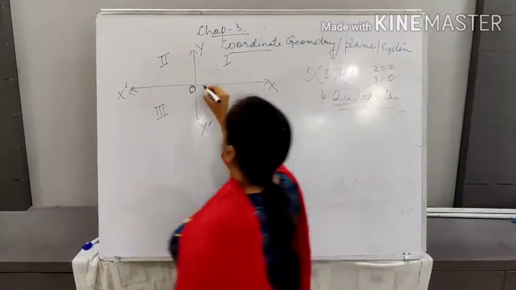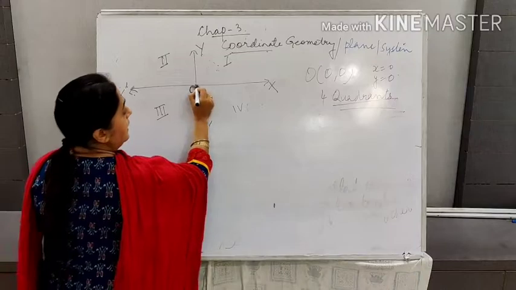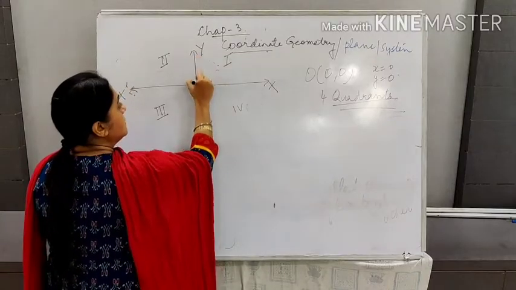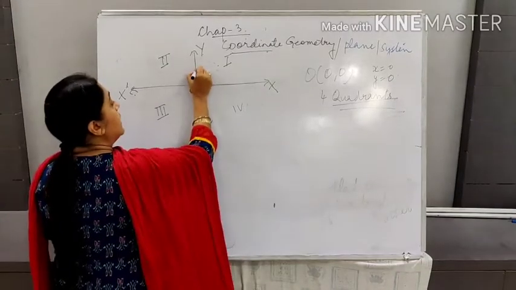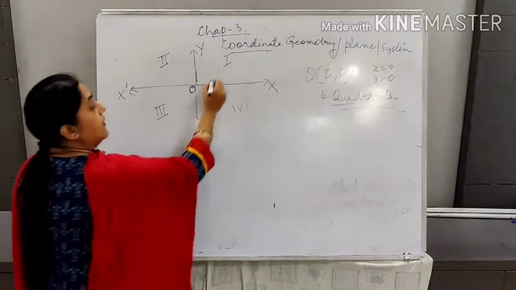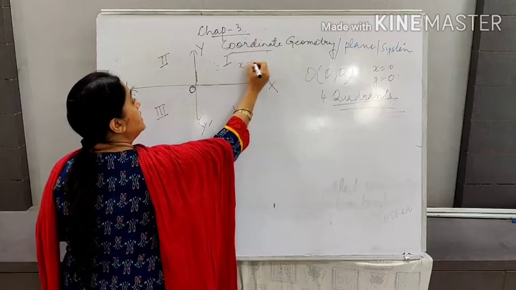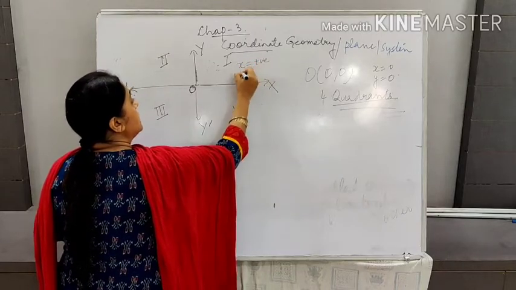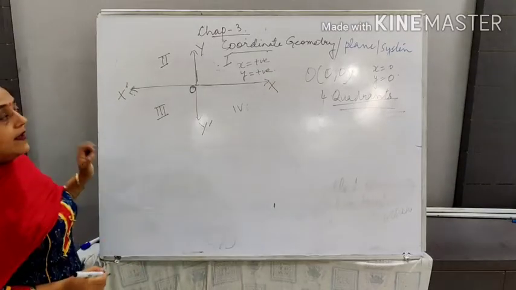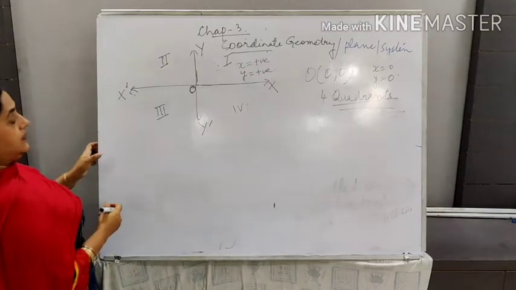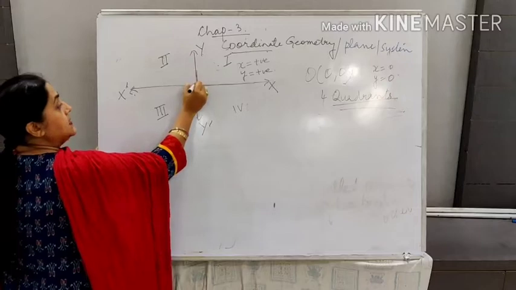Can you see the first quadrant lies where all the x are positive and all the y are also positive. So whenever I am talking about the first quadrant, x is positive, y is positive, right? When I am talking about the second quadrant, please check.